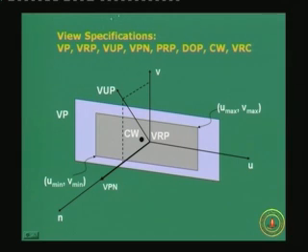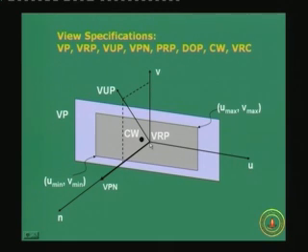I will go through the terminologies which are given here. The first one is the view plane VP, which is given in the big rectangular box, and the view reference point VRP is the center on which you have the 3 axes coming out.